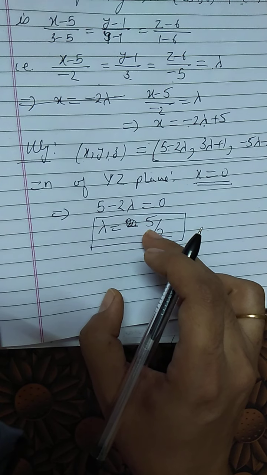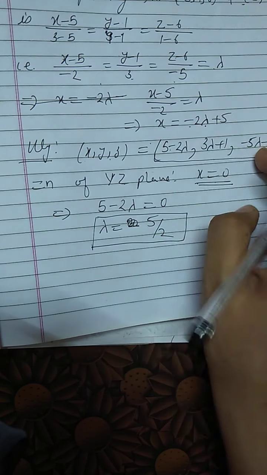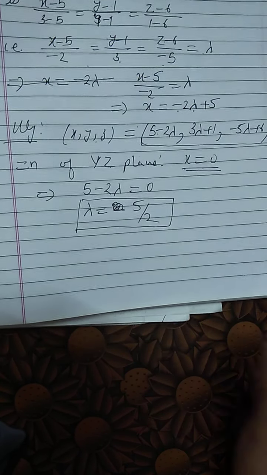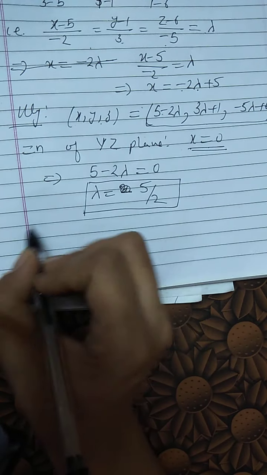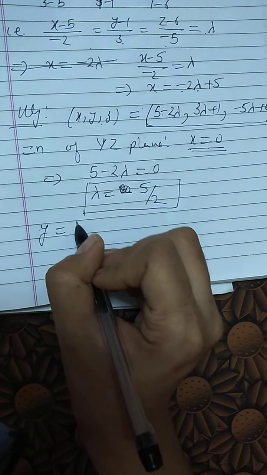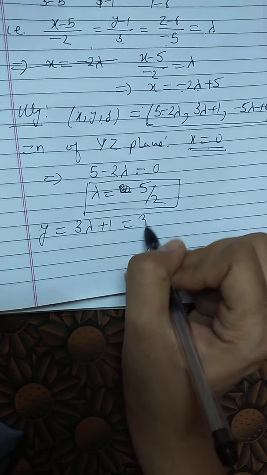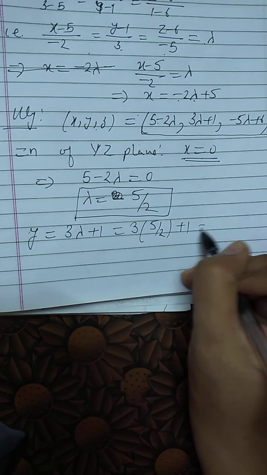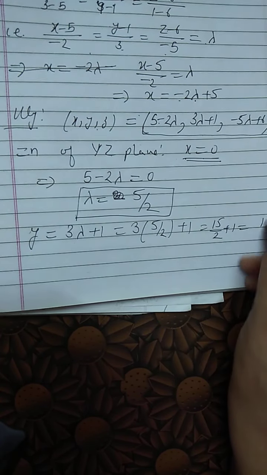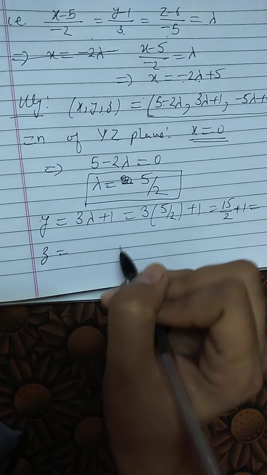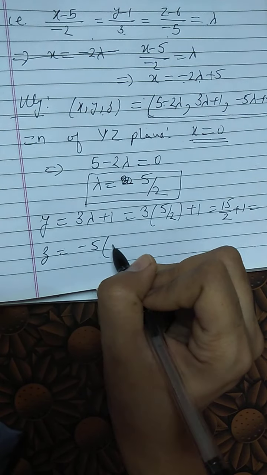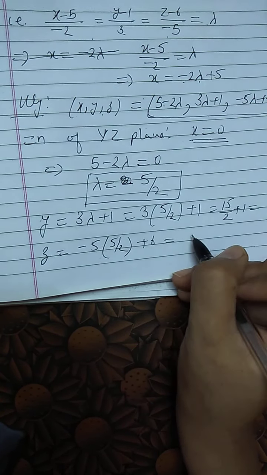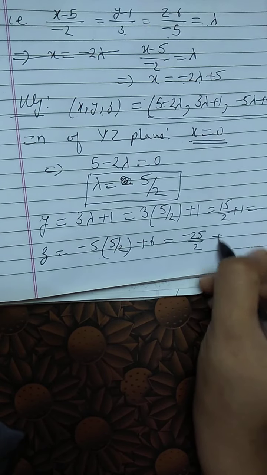And this value 5 by 2, if I substitute in the other two coordinates, we will get the coordinates of the point. The value of y will be 3 lambda plus 1, that means 3 into 5 by 2 plus 1, so 15 divided by 2 plus 1, that means 17 by 2. The z coordinate will be minus 5 times 5 by 2 plus 6, that is minus 25 by 2 plus 6.